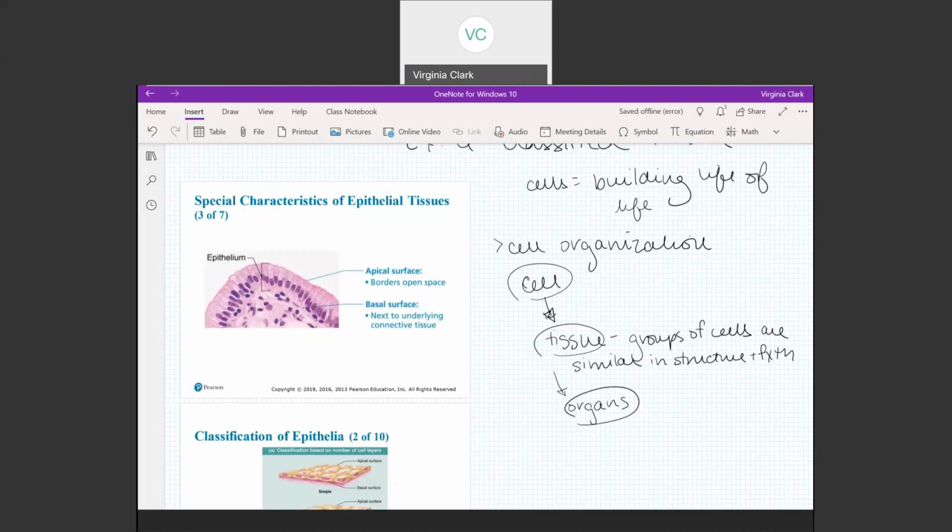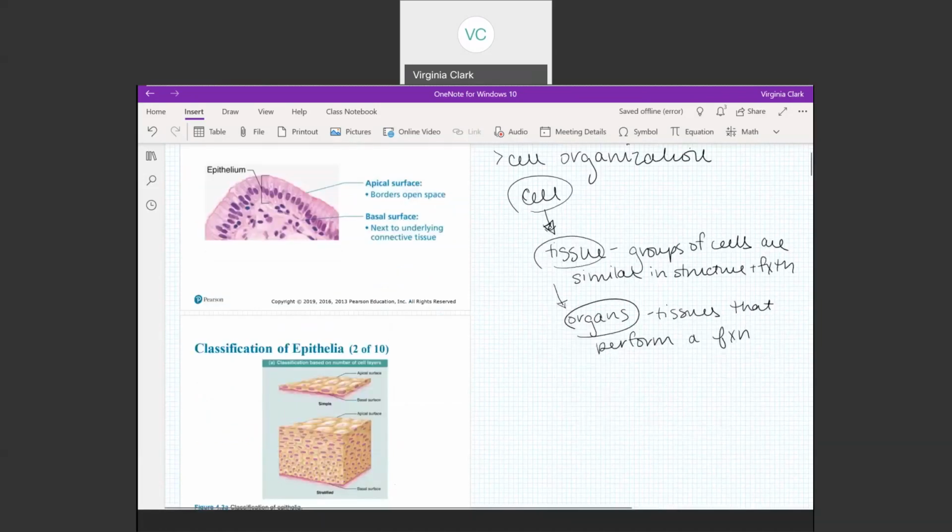And these organs are going to be tissues that perform a specific function. So all different types of tissues are going to come together and be able to produce some sort of function. And then these organs are all going to come together to form a system.